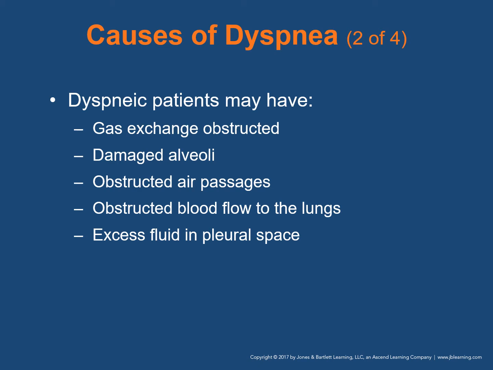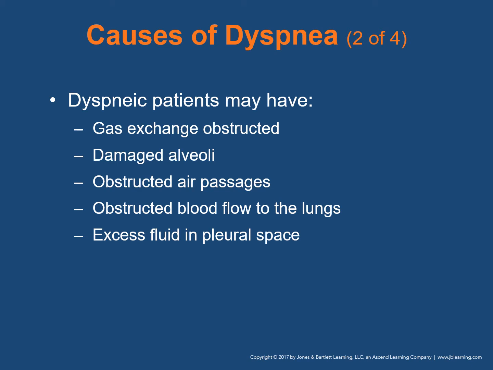Obstructed blood flow to the lungs is where we're talking about a pulmonary embolus, where a clot has broken off from somewhere else and traveled up and lodged in the pulmonary circulation. Everything downflow from that obstruction is not getting perfusion, so no blood is flowing, and therefore oxygen and carbon dioxide are not going to exchange.